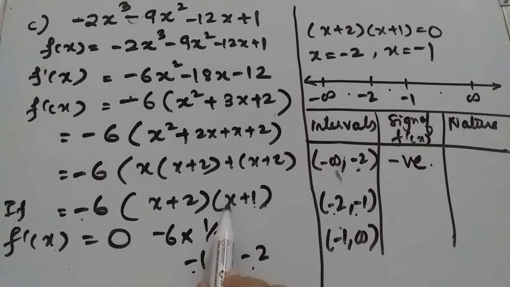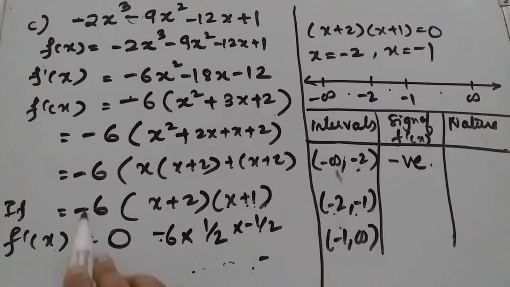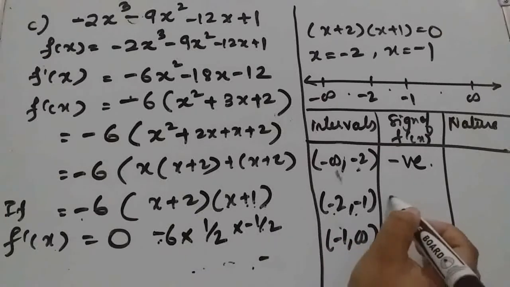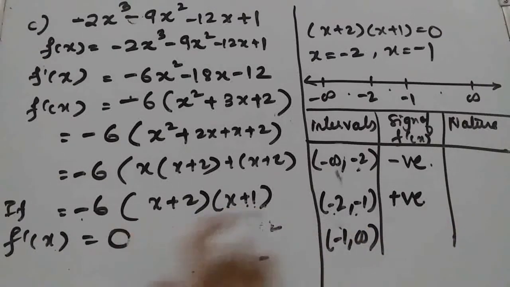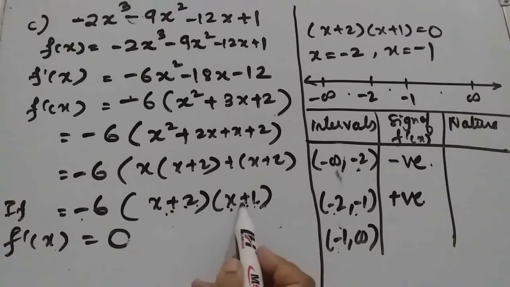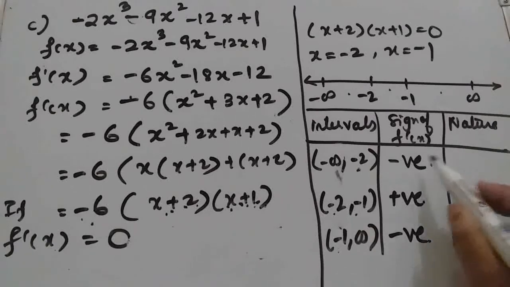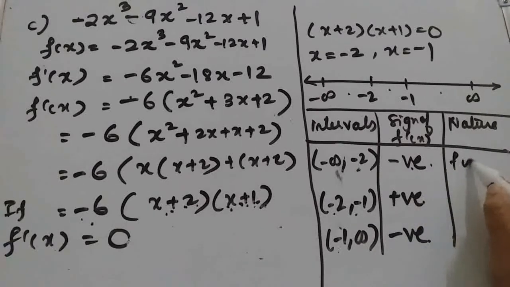Here minus 3 by 2 plus 1 will be negative 1 by 2, and here already minus 6, minus is there, so minus minus plus. Okay, then for this interval minus 1 to infinity, suppose put x equal to 0 here, so these two brackets will give a plus answer, but outside minus is there, so negative. So derivative is negative means function is decreasing, function is increasing, and here function is decreasing.